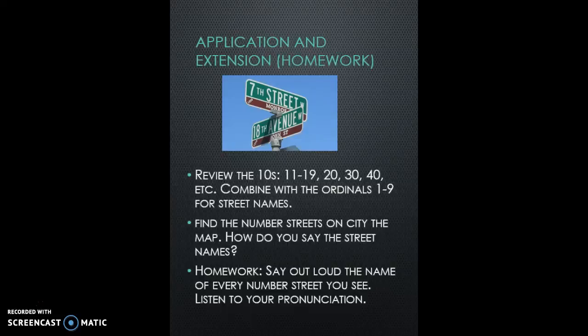Now we go into some real life application and some extension, which will be their homework. To remind them, they already know the names of the 10s: 20, 30, 40, 50, 60, 70.